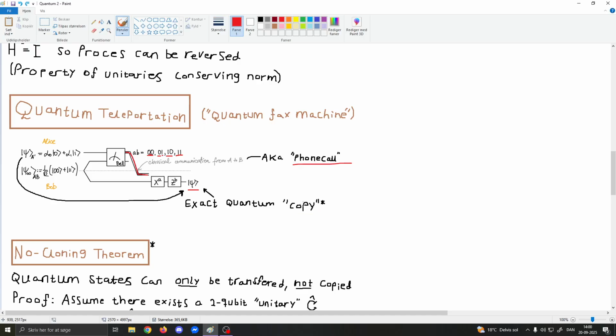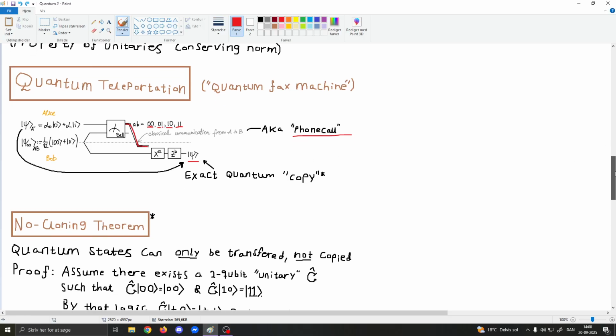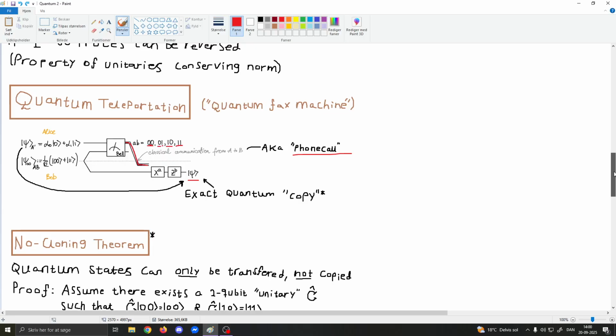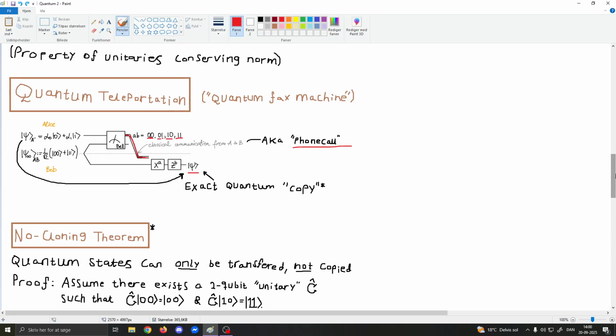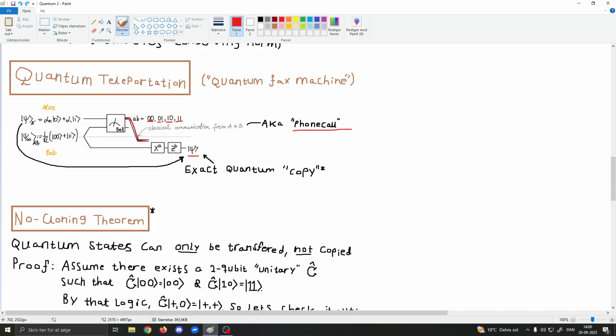You can only transfer it from one system to another, but it's convenient for educational and conversational purposes to say copy. But okay, this whole protocol just utilizes and consumes an entanglement and a quantum state to transfer it from one quantum system to another, even at large distances.